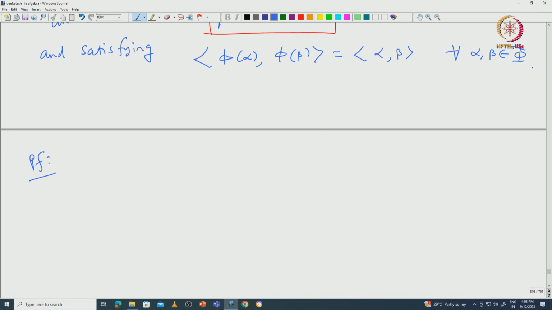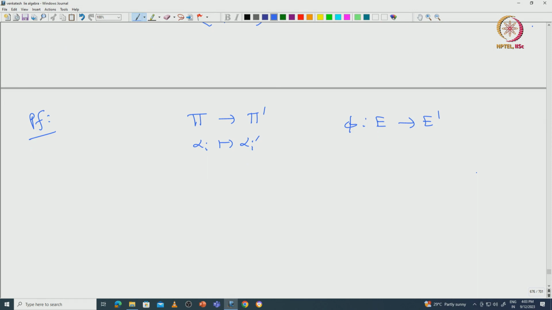So in particular, the bijective map that we have from Π to Π', which is given by αi goes to αi', can be uniquely extended as a linear isomorphism from E to E', because both Π and Π' are bases for E and E' respectively. So this isomorphism is already there, so we fix that. So if α, β both are elements of Π, then we get the following, because the Cartan integers are the same.